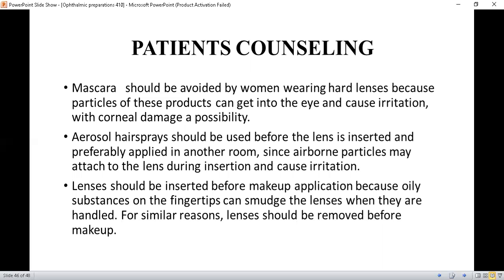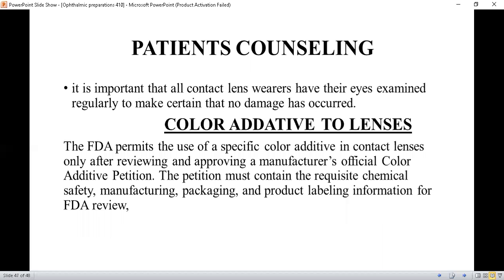Lenses should be inserted before makeup application, because oily substances on the fingertips can smudge the lens when they are handled. For similar reasons, lenses should be removed before makeup. So care must be exercised while using lenses. These are the points for patient counseling.